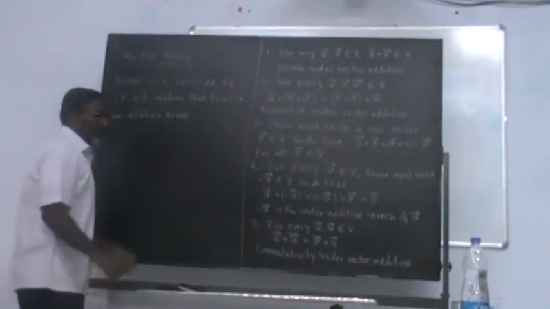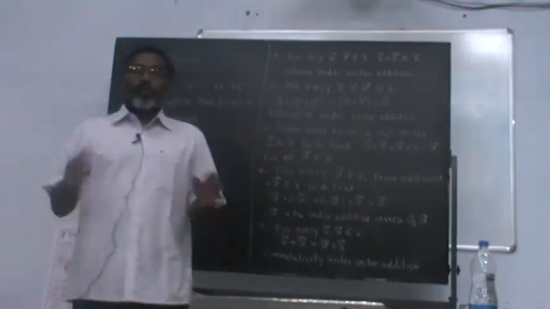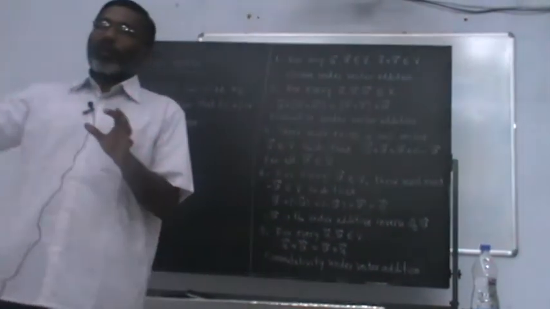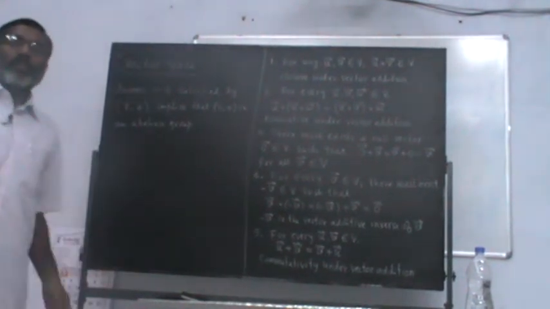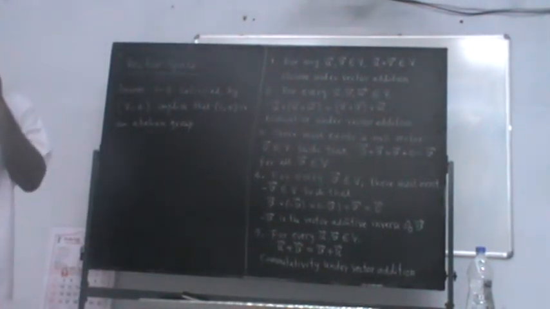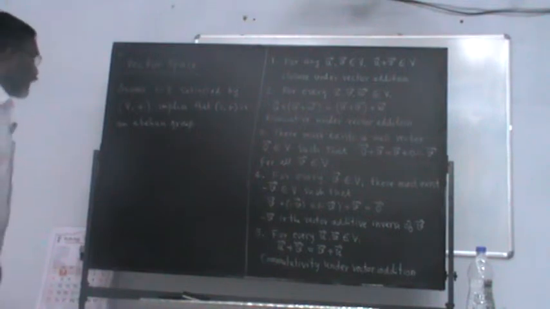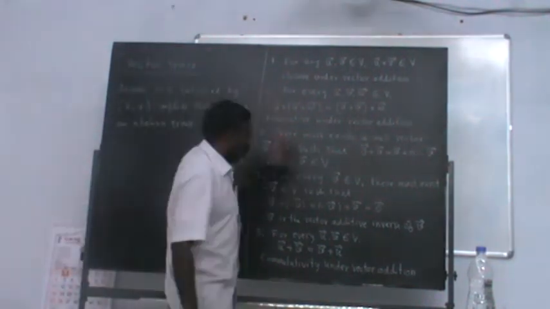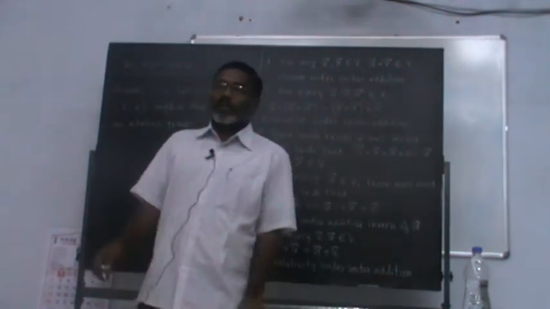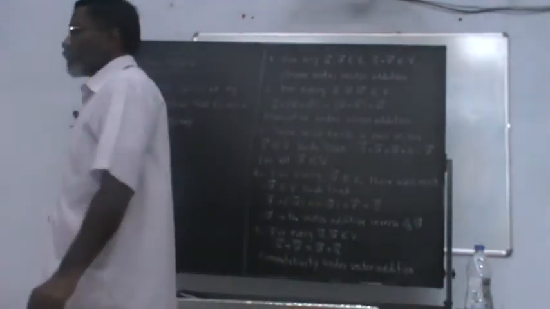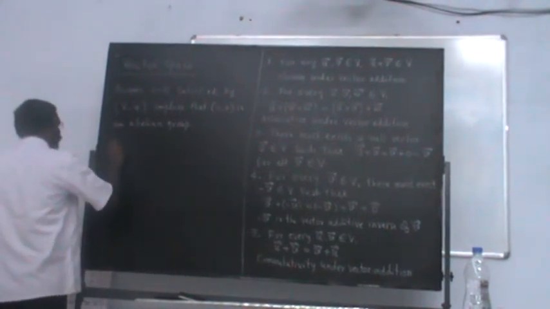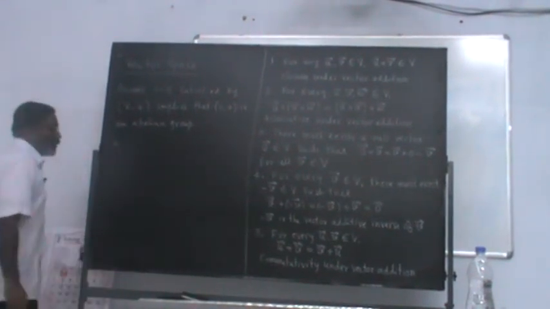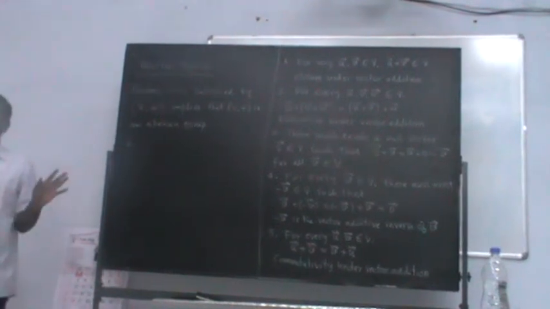So it may be easy to remember that (V, F, plus, dot) is a vector space if (V, plus) is an abelian group. When you say (V, plus) is an abelian group, all these 5 will automatically come into the picture.